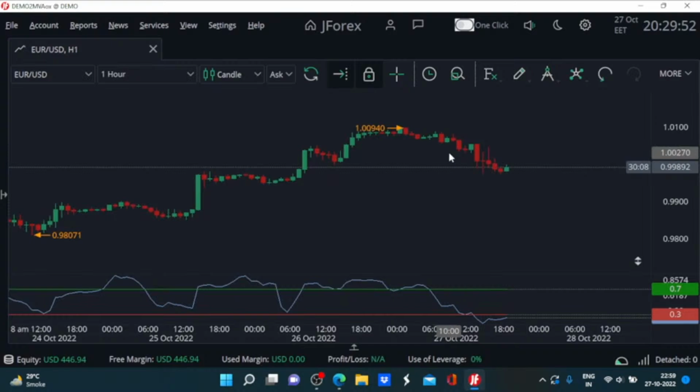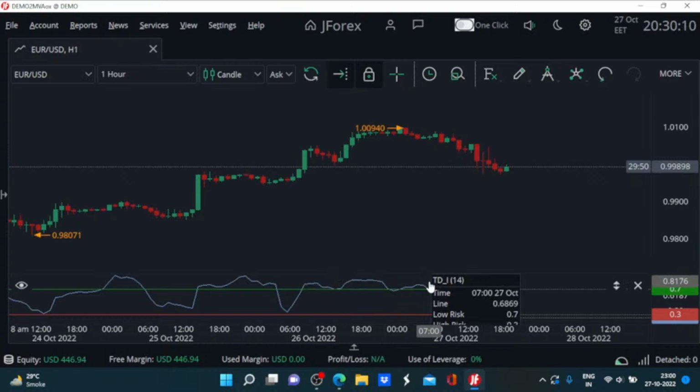So here, if we consider today's price formation, then earlier in the day we had this bullish tendency in the Euro USD, and that was indicated by the TDI's output continuously hovering above 0.7 after it jumped in yesterday's session.